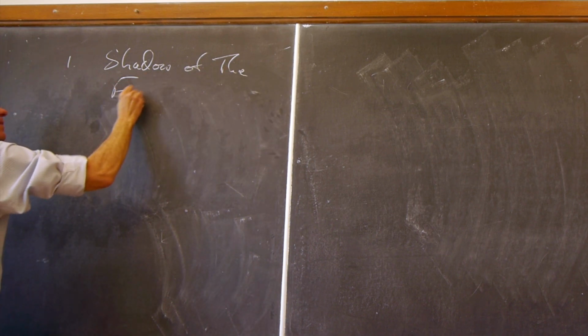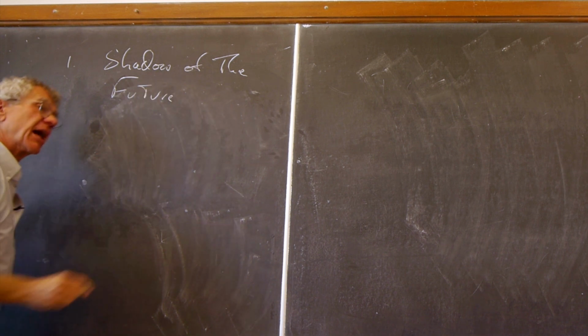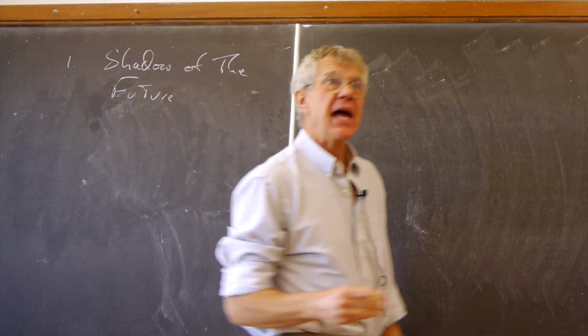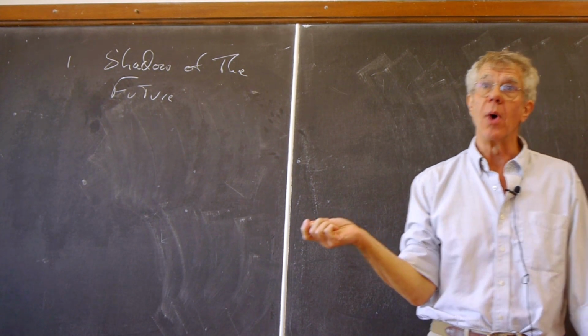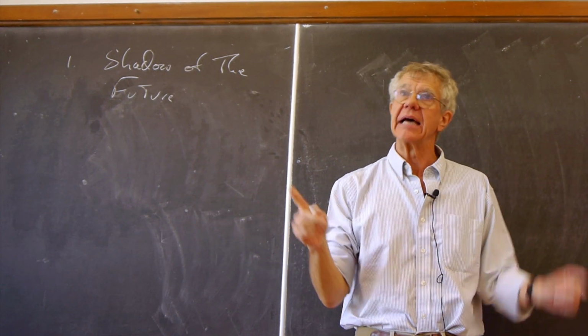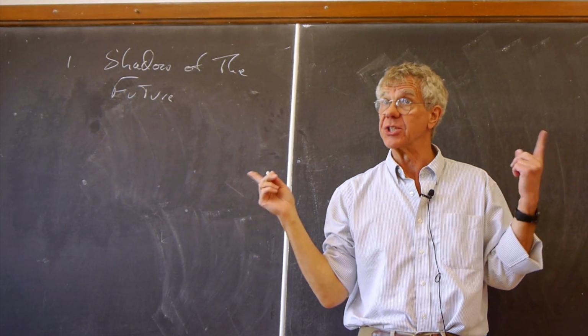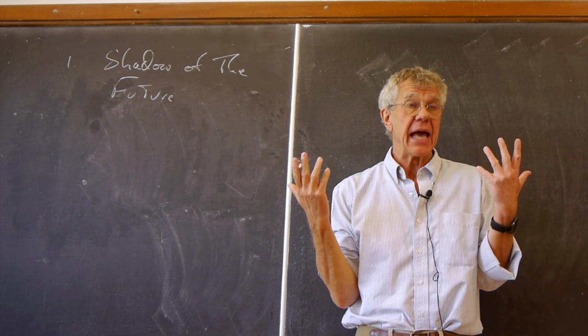Well, first objective then is to go back and think about the shadow of the future. Or the footprint of the future, as Axelrod is fond of putting it. If we want to encourage cooperation, how can we do it? Last time we went through a bunch of different ways. We can change the payoff. We can educate people.